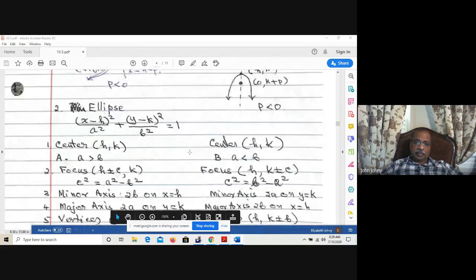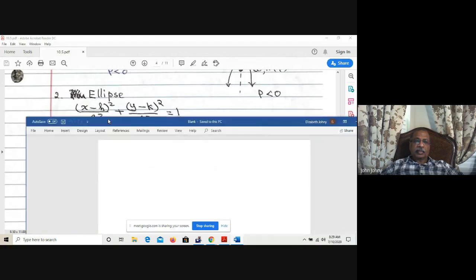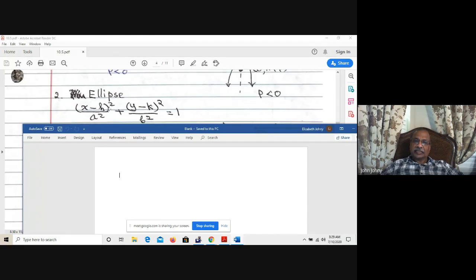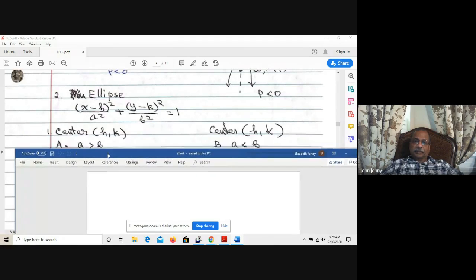Second case, ellipse. Here, x minus h the whole squared over a squared plus y minus k the whole squared over b squared is equal to 1. Instead of x squared, you have x minus h the whole squared. Instead of y squared, you have y minus k the whole squared. The center is (h, k).